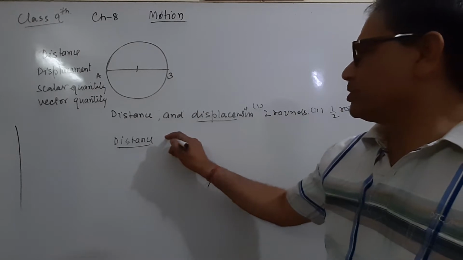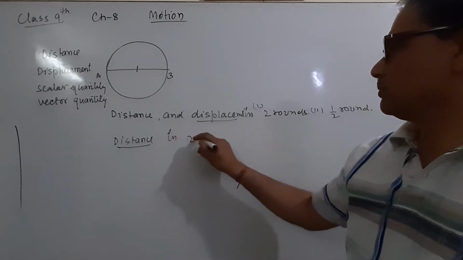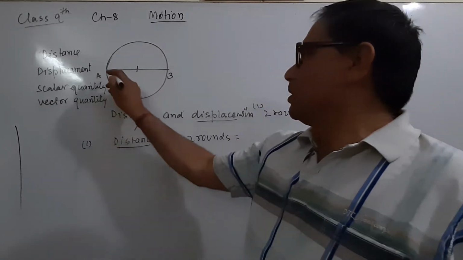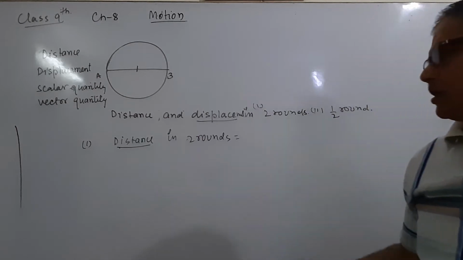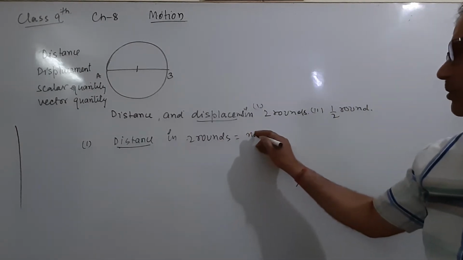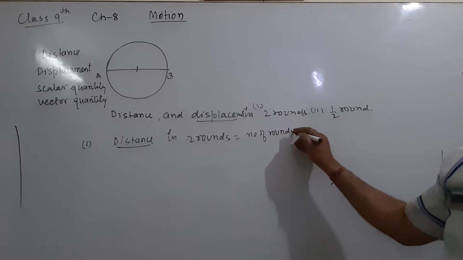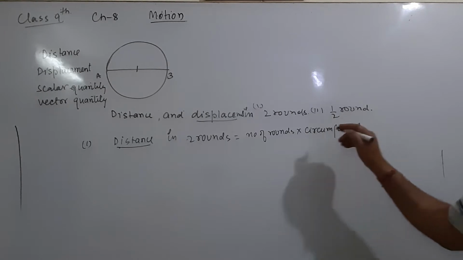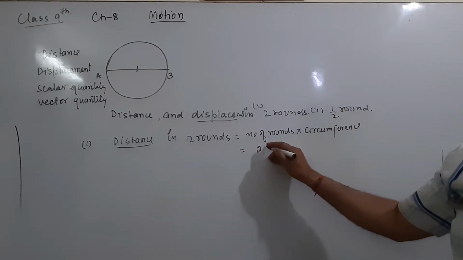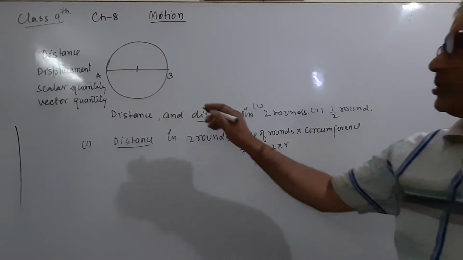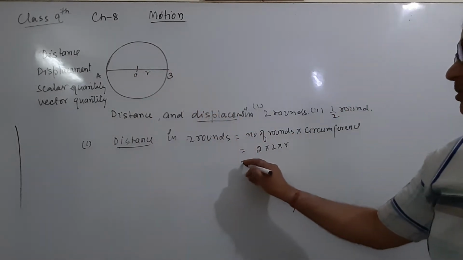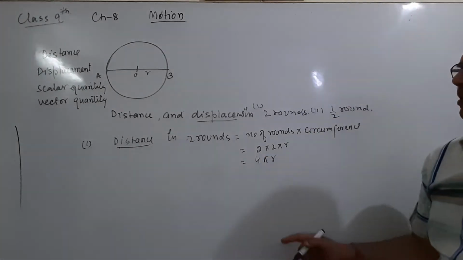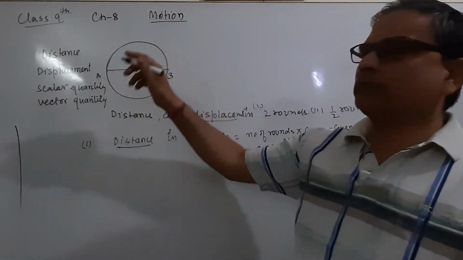Distance in 2 rounds is equal to the number of rounds into circumference. The number of rounds is 2 and the circumference is 2 pi r, where r is the radius. So what is your answer? 4 pi r. This is the distance covered by a person in 2 rounds.